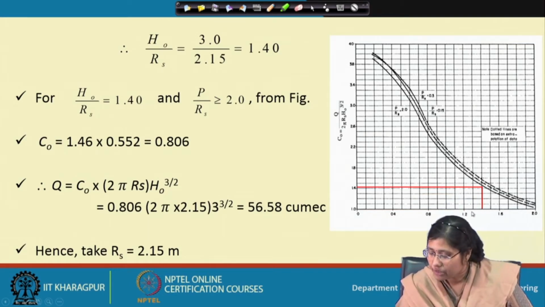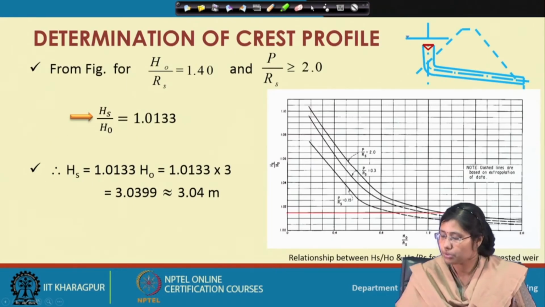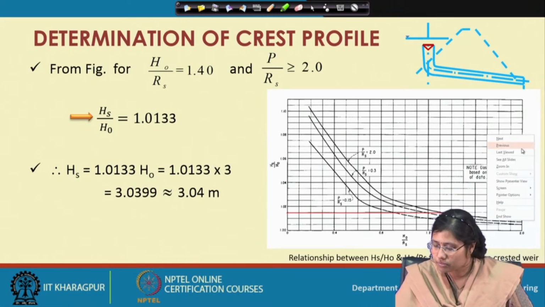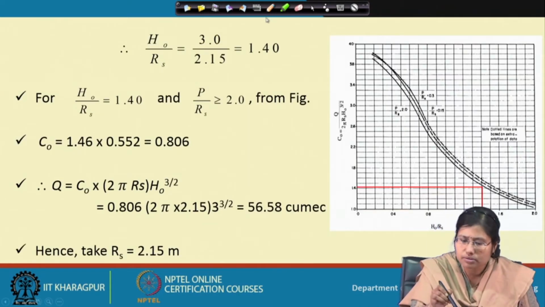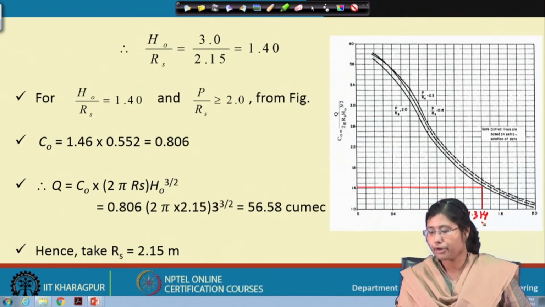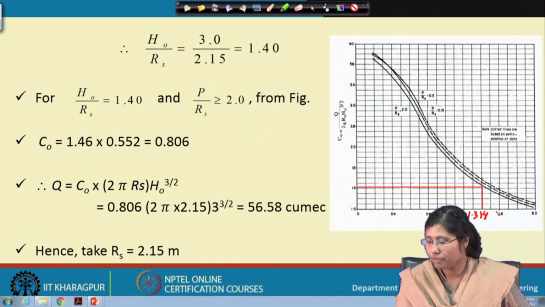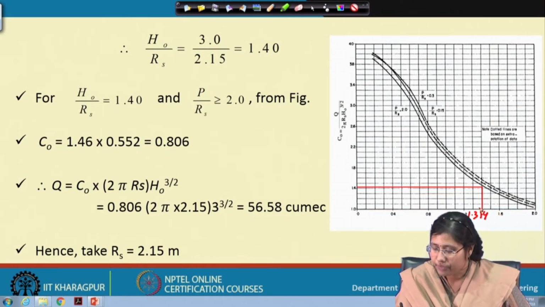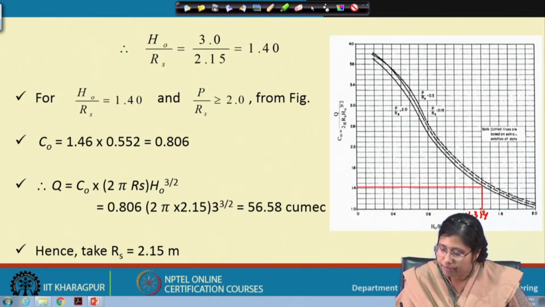So, here if I go gradually from 1.2 to 1.3, this point will be nothing but 1.4, followed by 1.5 and 1.6. From this point I am prolonging this line, and the intersect point is located here.